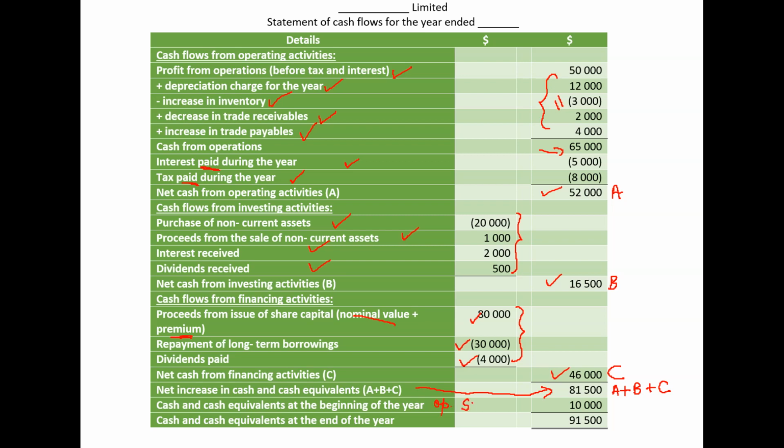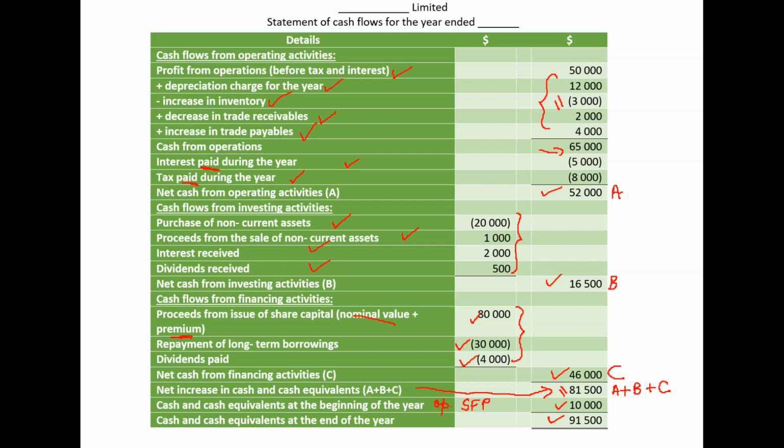To this, we will add the cash and cash equivalents at the beginning of the year. This figure we will find in the opening statement of financial position. So in this case, it is $10,000. So the year started with $10,000 in cash and cash equivalents. During the year, there was a net increase of 81,500, and as a result, at the end of the year, we are left with cash and cash equivalents of 91,500.